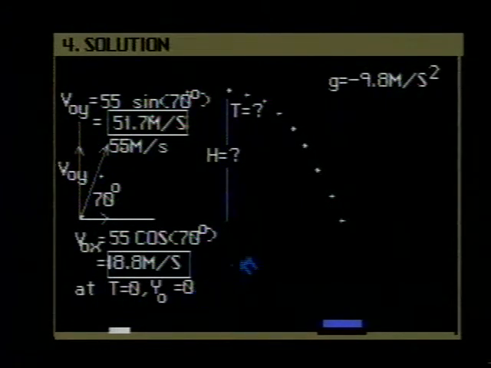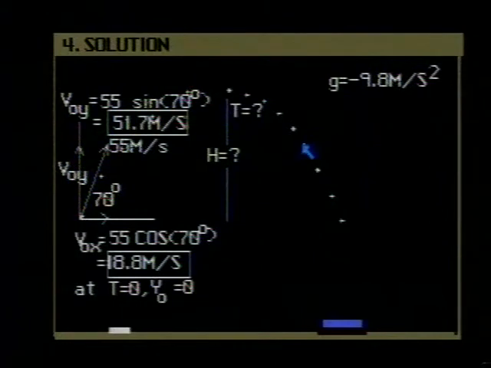I've also written the value for the acceleration of gravity, that is minus 9.8 meters per second squared, the negative sign indicating that it is downwards, adopting the common convention that quantities measured upwards are positive, those downwards negative, those measured to the right positive, those to the left negative.